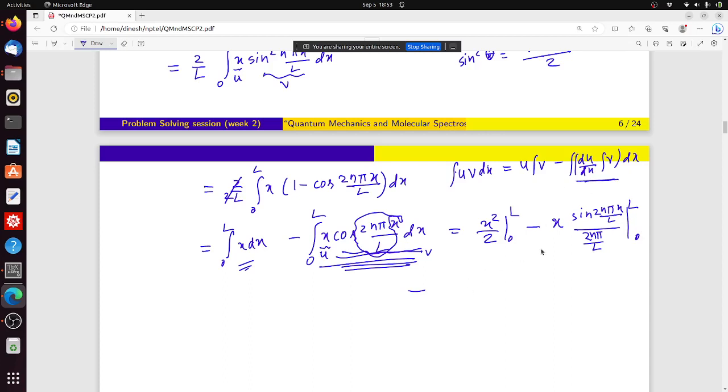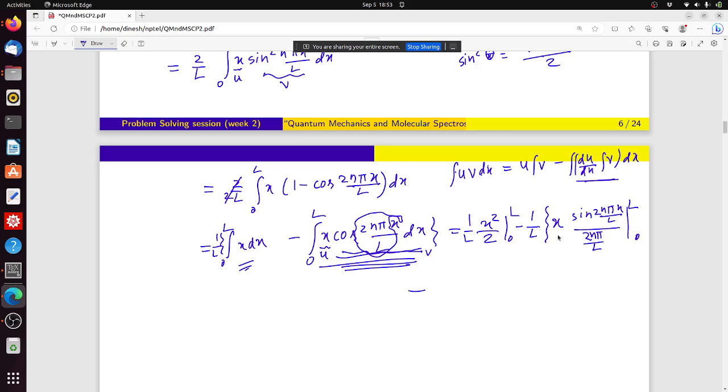Actually we have 1 by L also outside, so 1 by L here, 1 by L here.